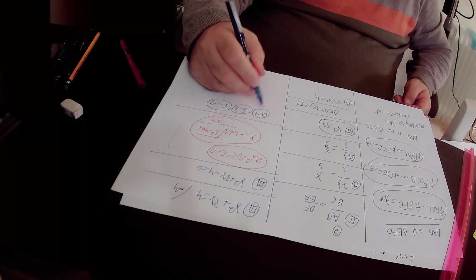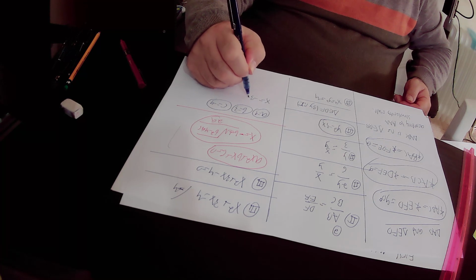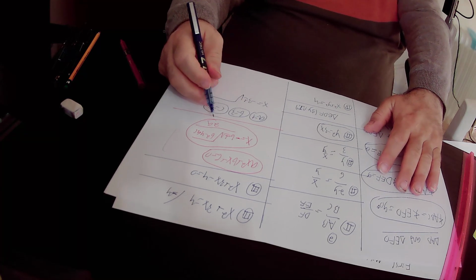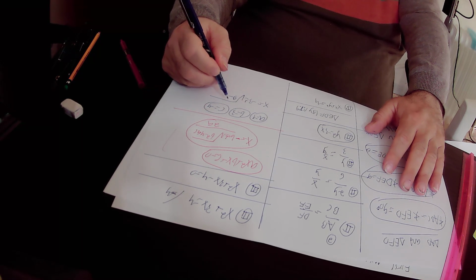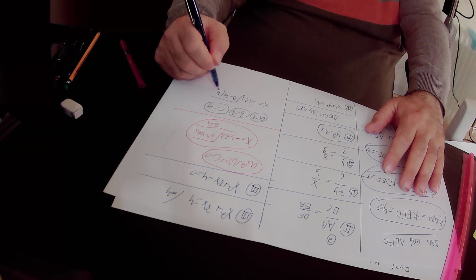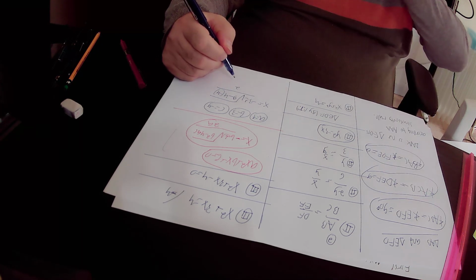According to this formula, x equals minus b, b is 3, so minus b is minus 3, plus minus square root of b squared. B is 3, so b squared is 3 squared, that is 9. Minus 4 times a is 1, and c is minus 4, over 2a. A is 1, so 2 times 1 is 2.